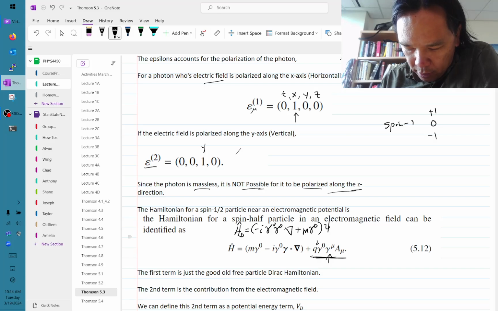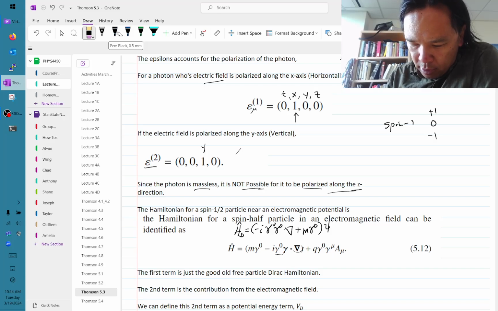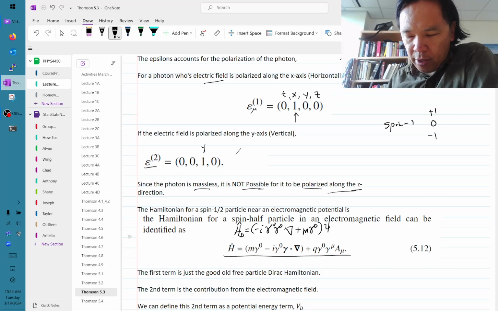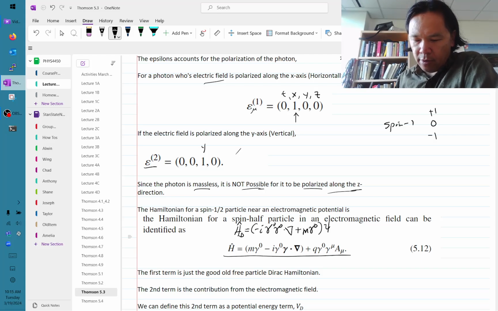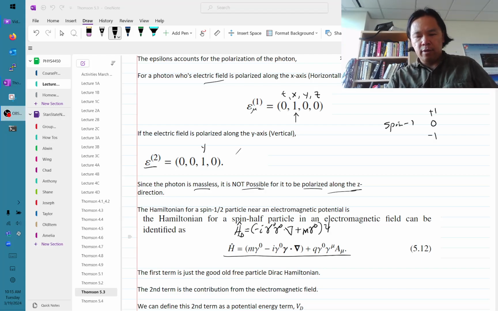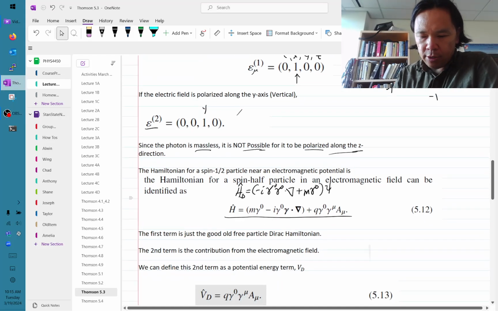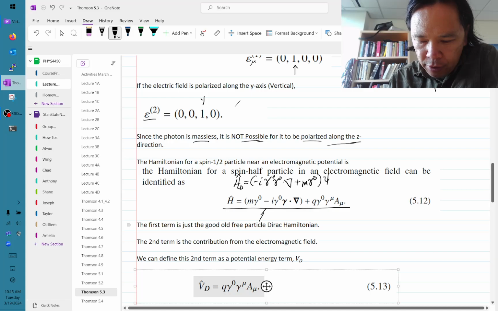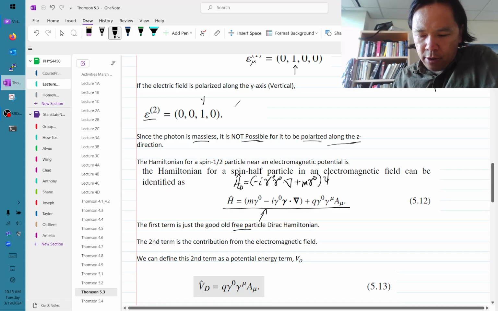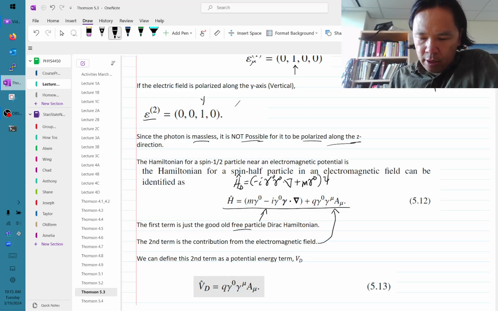So it's kind of like adding this A_mu to this, and then having another term. All right, so this is the Hamiltonian if the fermions are interacting with an electromagnetic field. Well, and itself, of course. So as I just described, the first term is just the good old free particle Dirac Hamiltonian. The second term is the contribution from the electromagnetic field.